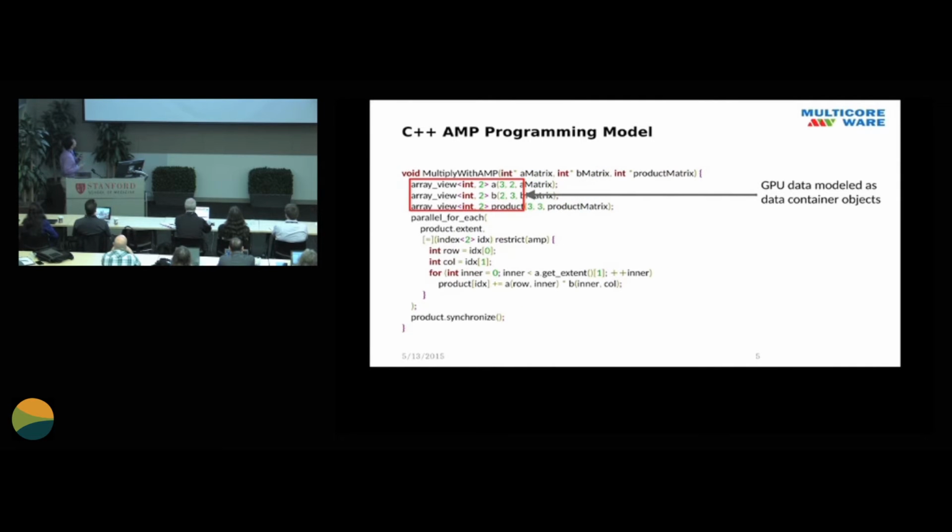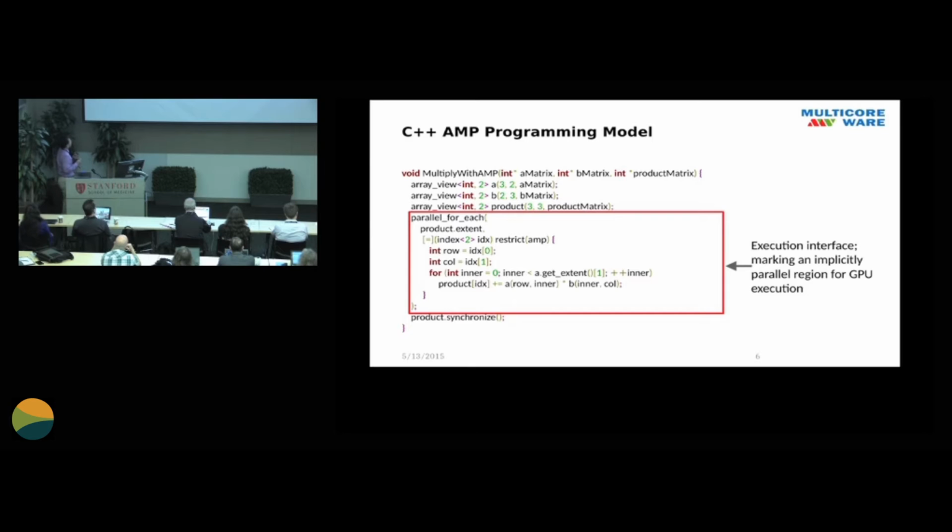In C++ AMP, we first have to model this data into certain data container objects called array_view. So we tell the C++ AMP runtime that these will be transferred into GPU memory later on to do the computation.